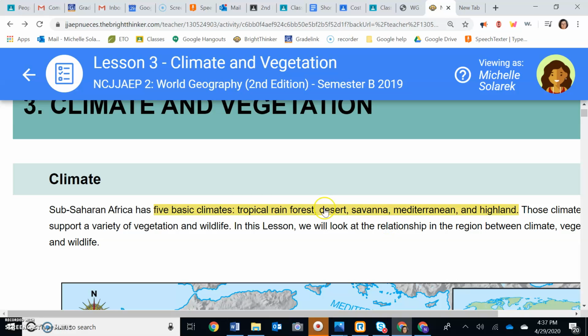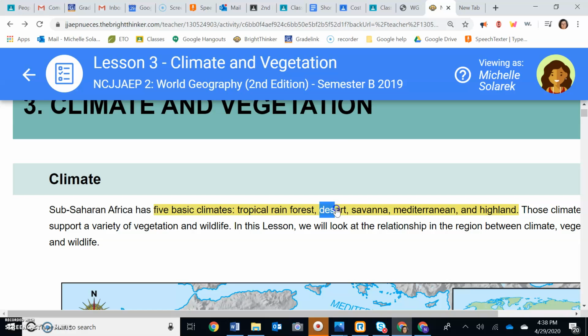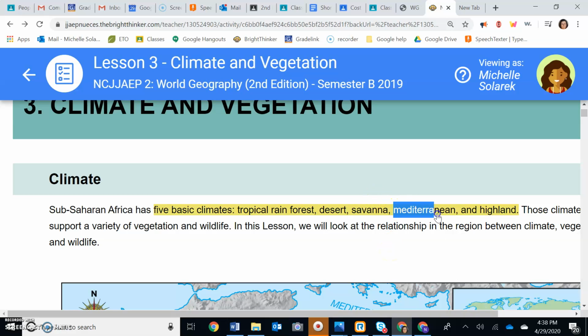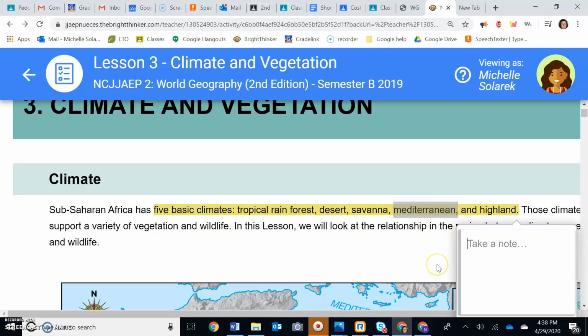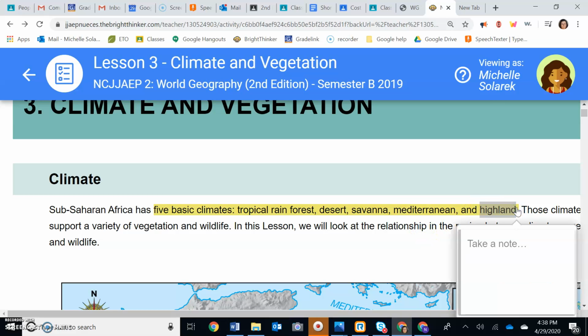So write these down. Tropical rainforest, desert, savanna, Mediterranean, and number 5, highland, like the word high and the word land.